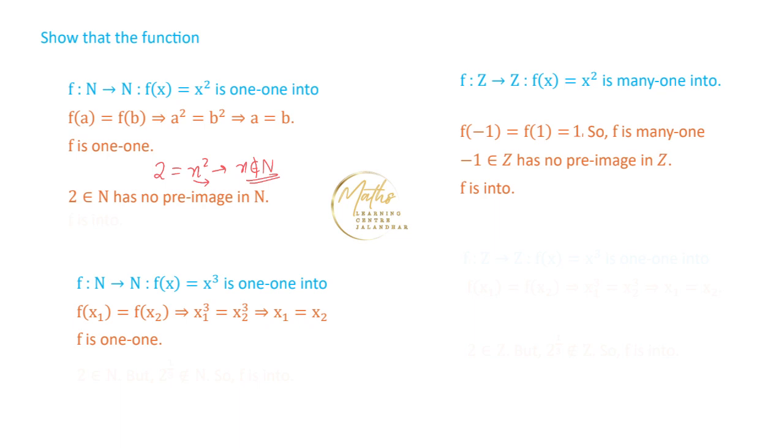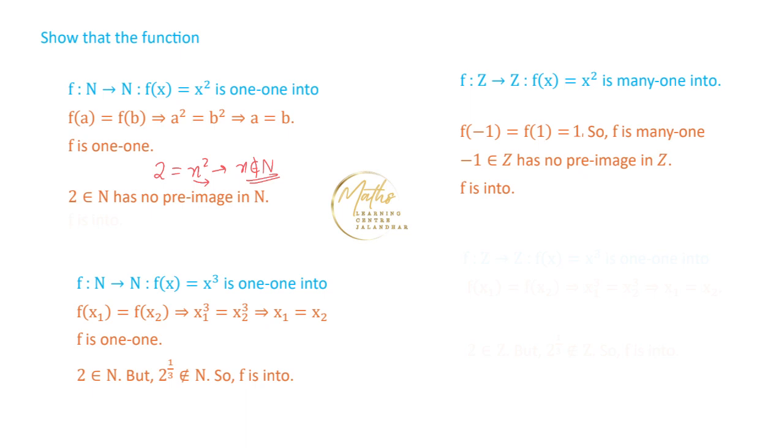We have proved this part. Next we have to prove that it is an into function. We have to show that there is an element in the codomain which has no pre-image. We consider the element 2 that belongs to the codomain, and we can see that 2 raised to the power 1/3 is not a natural number. So there is no element in the domain which has image 2. So this function f is an into function.